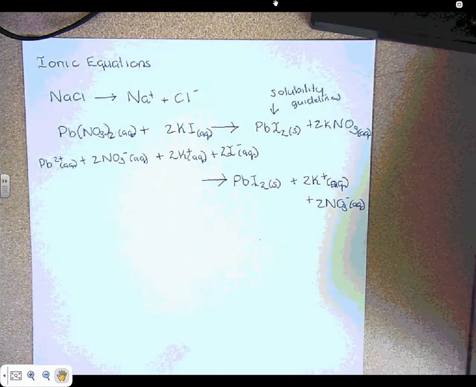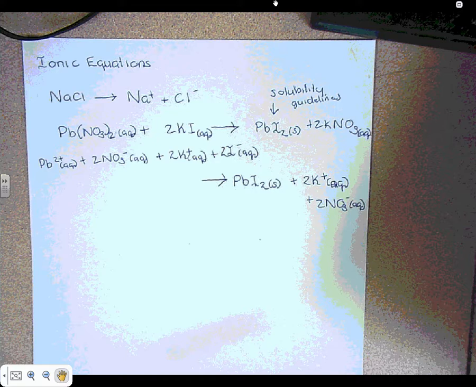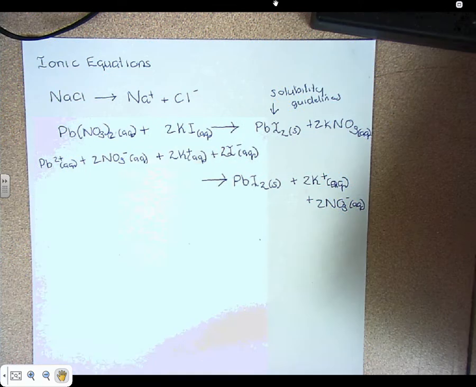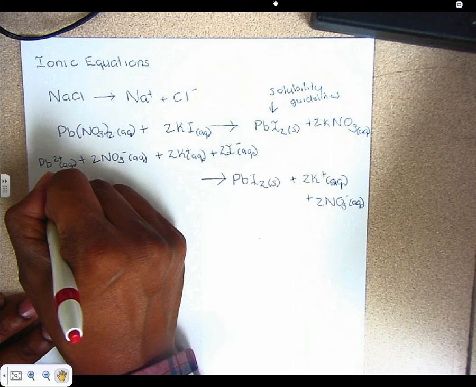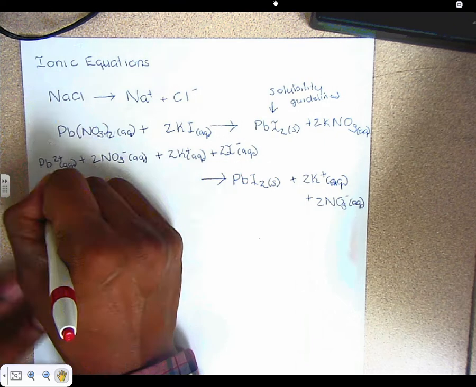Now this is our complete ionic equation. We're looking for a net ionic equation. To get a net ionic equation, you have to remove something called the spectator ions.